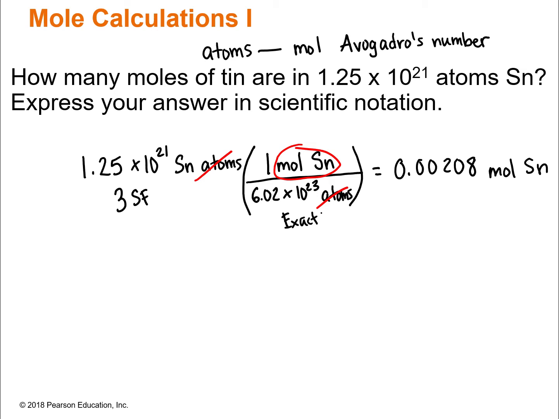Avogadro's number is exact, so 3 sig figs we need to have for our answer. Make sure that you divide, not multiply.